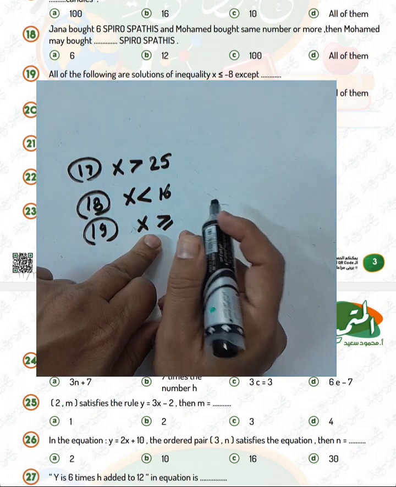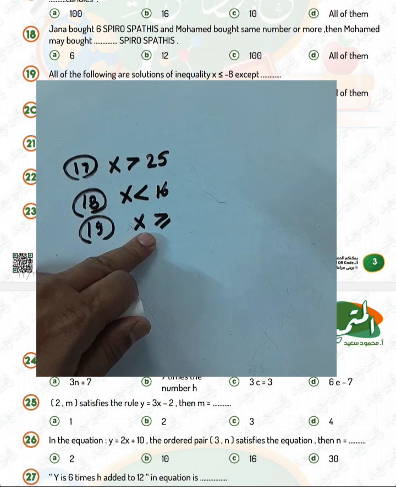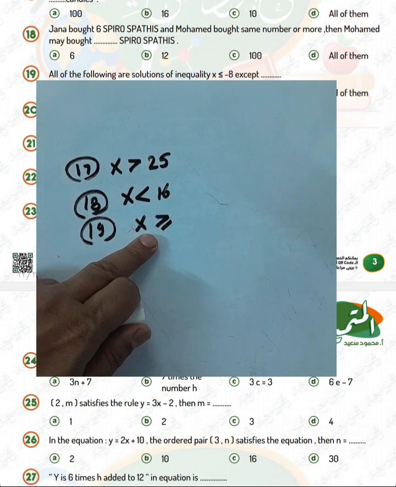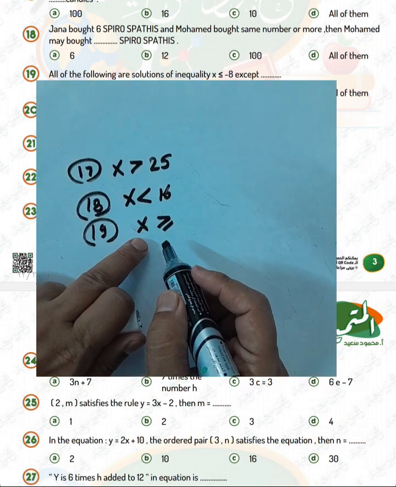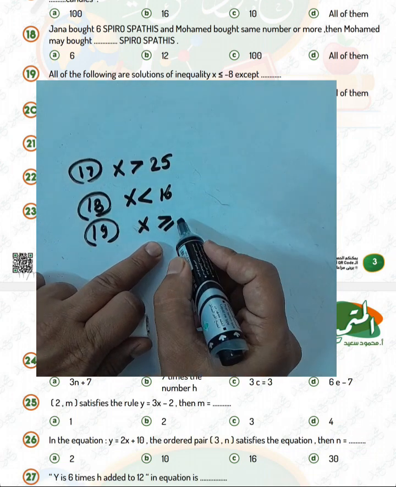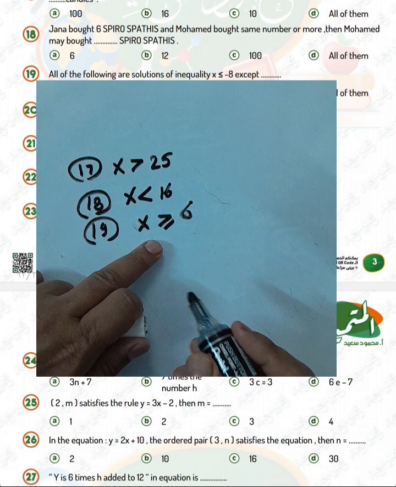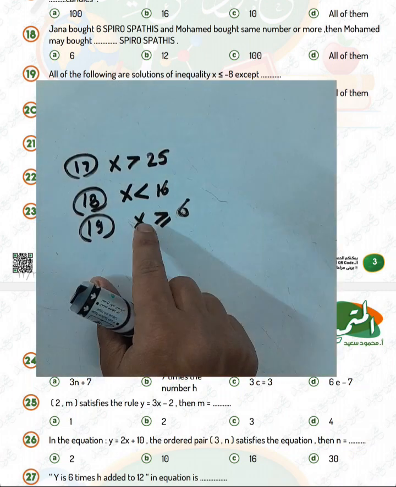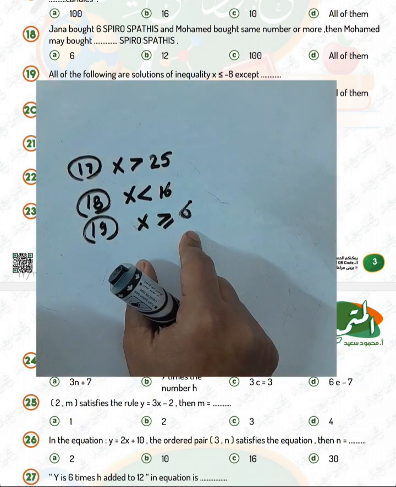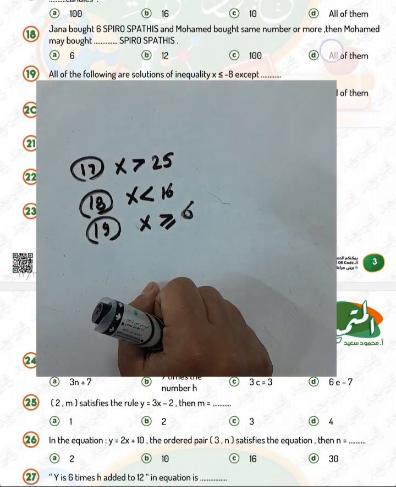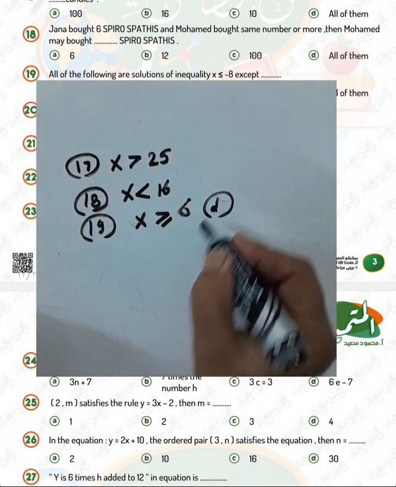Again, Muhammad put the same number or more than Jana. Then the number of sparrows with Muhammad will be x greater than or equal to 6, because he tells us in the example Jana put 6 sparrows and Muhammad put the same number or more. Same number or more will be greater than or equal to 6. Such as 6, 12, 100, all of them. Choose letter D. Here the result will be all of them.